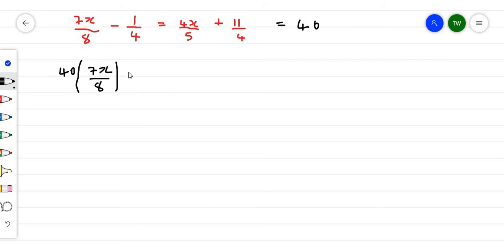Put back our minus sign, and we're going to take 40 to multiply our second term, so it's going to be 40 times our second term, which is 1 over 4. Put back our equal sign. Then we're going to take 40 to multiply our third term. That's going to be 4x over 5.